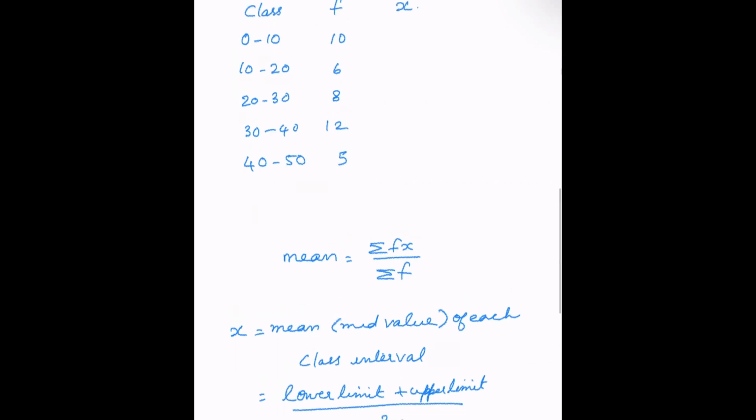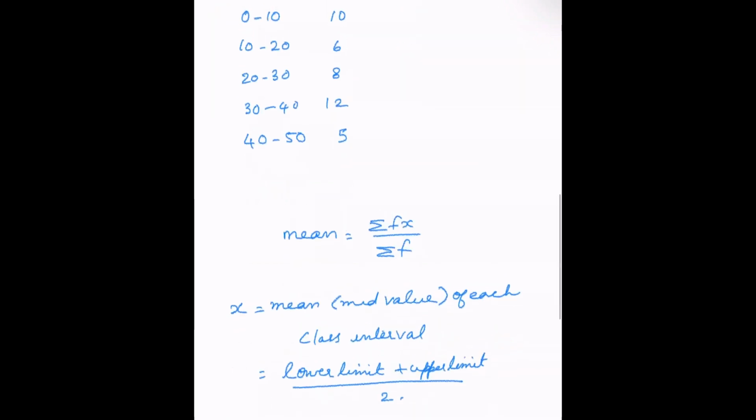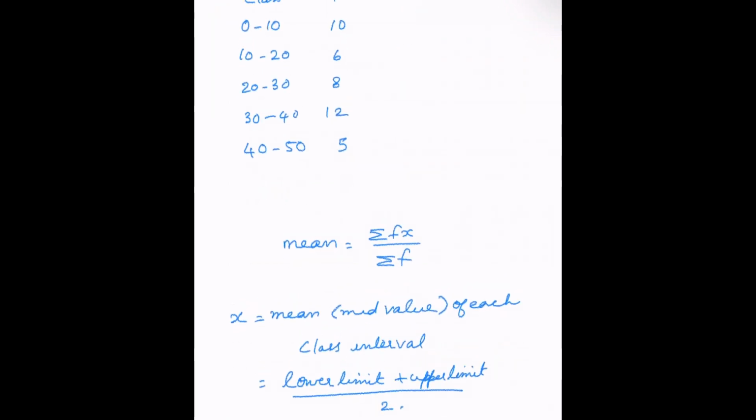Continuous means what is shown here, 0 to 10, 10 to 20, 20 to 30. If it is discontinuous, it will be written as 1 to 10, 11 to 20, 21 to 30. So this is called discontinuous.